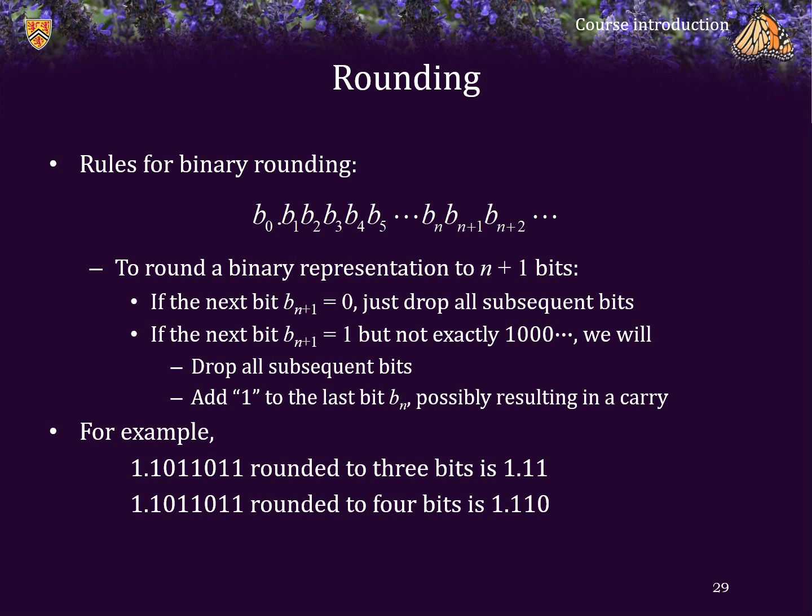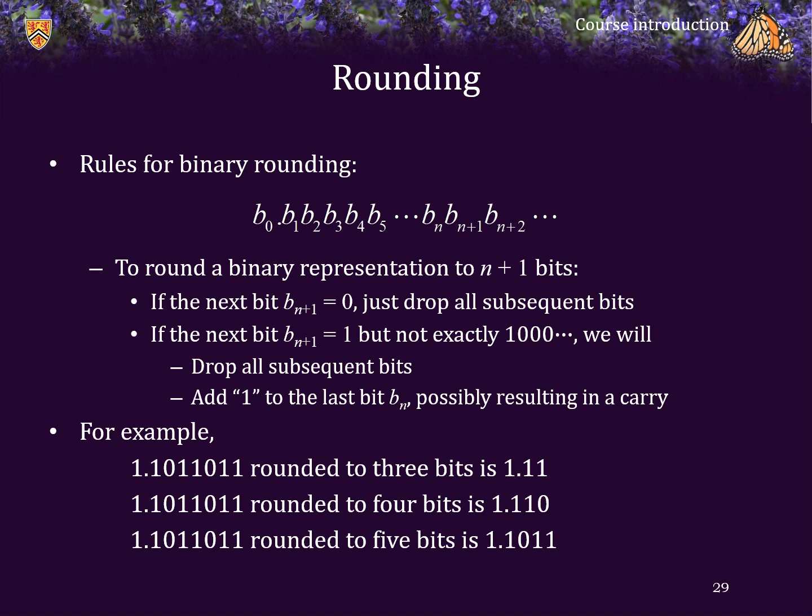If we want to round that number to 4 bits, again, we examine that next bit. It is 1, and all subsequent bits are not all 0, and therefore we increment the last remaining bit after we've truncated, and that does, in this case, cause a carry. And so, rounded, it is 1.110.